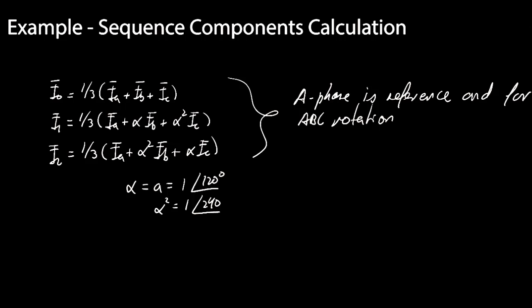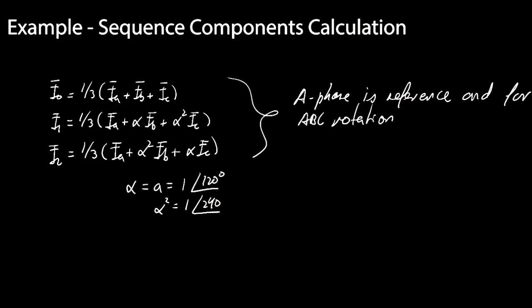We're taking A phase as the reference, and we're applying these for an ABC rotation system. If we had an ACB rotation system, then the positions of the alphas would change. So for I1, instead of alpha times IB and alpha squared times IC, you would swap those two. So it would be alpha squared IB and alpha IC. But we're going to be using an ABC rotation for this example.